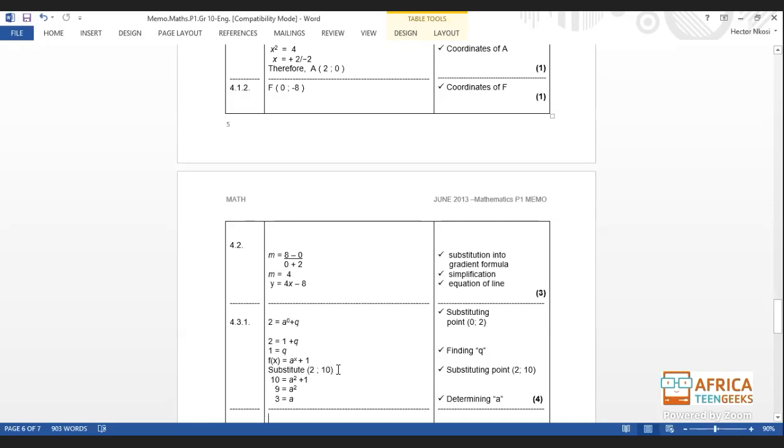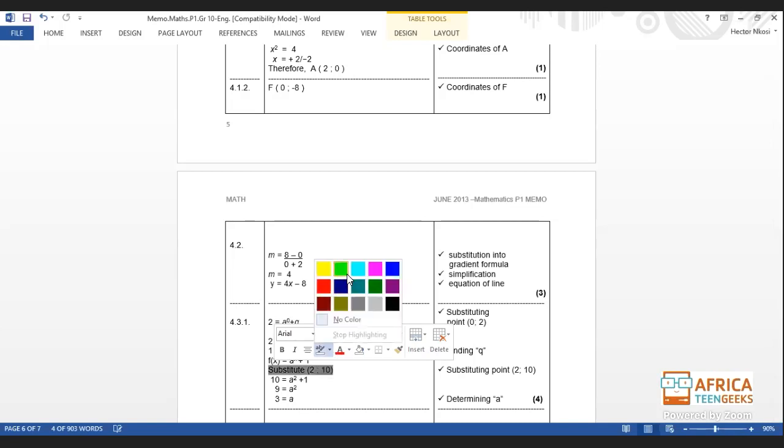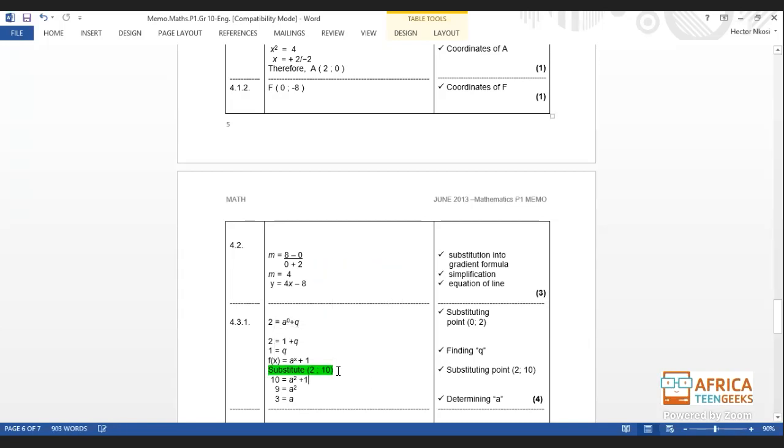Then you substitute with a new point. Now you take a new point, not an old point. Remember the new point, it's point C, this one of (2, 10). So where there is y, you put 10, and where there is x, you put 2.